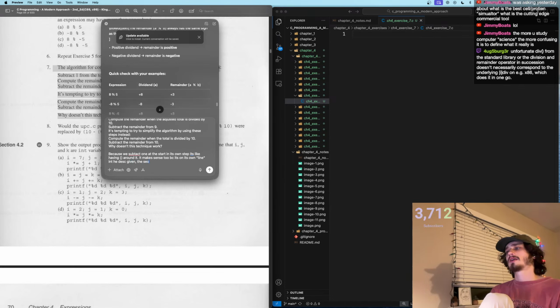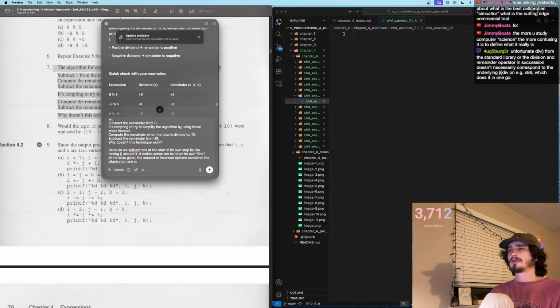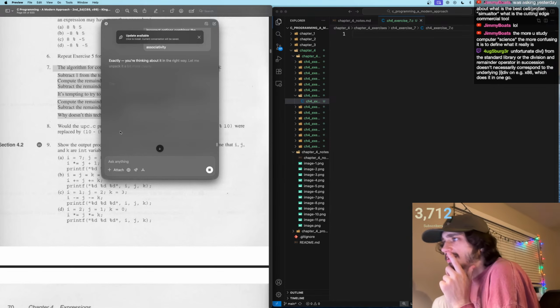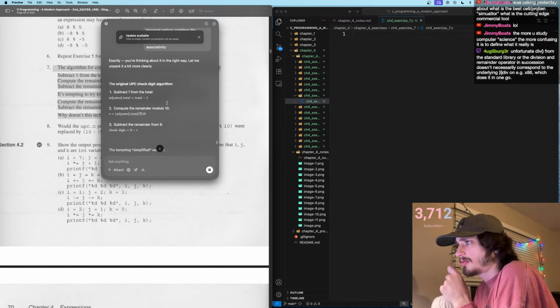The second or incorrect option combines the subtraction and multiplication when they do not have the same associativity. Exactly, you're thinking about it the right way. Let's unpack it a little bit more clearly.